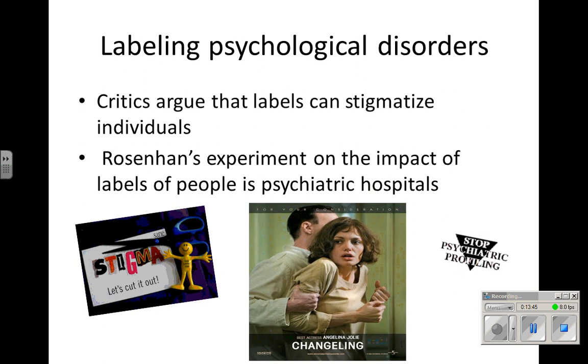And then when they say, I was just kidding, it's all gone, the staff say, oh, well, that's a side effect of your diagnosis, and you're feeling this because of that, and they can't shake that stigma. All right, they've now been labeled and they can't get out of it. So we'll look at that more in depth with that experiment and some movies that kind of reference it in a way.